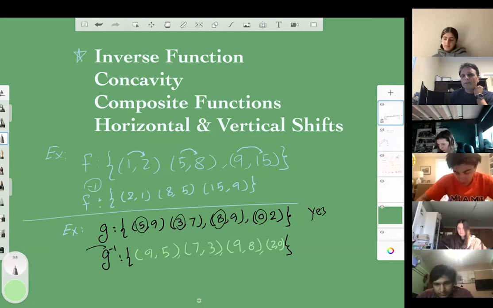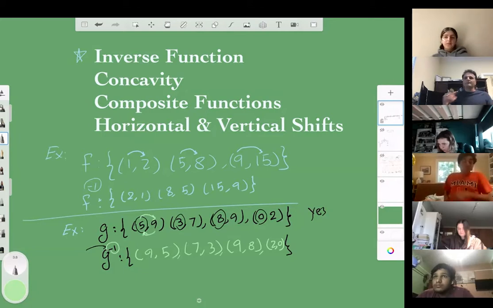Agree? G takes 5 to 9, but G inverse takes 9 to 5. It inverses. What can I call G inverse? Is that a function or is it not a function?